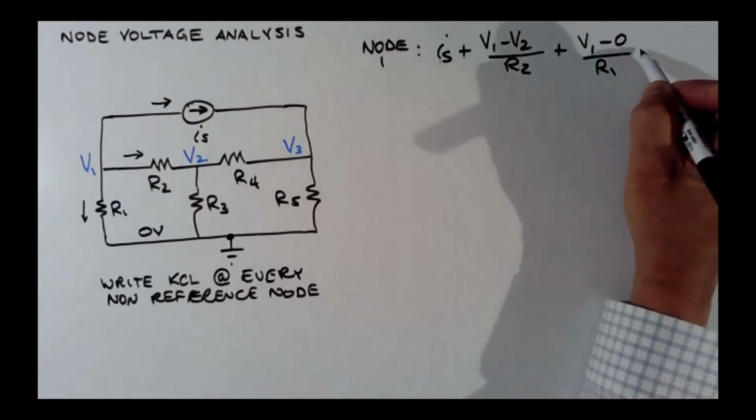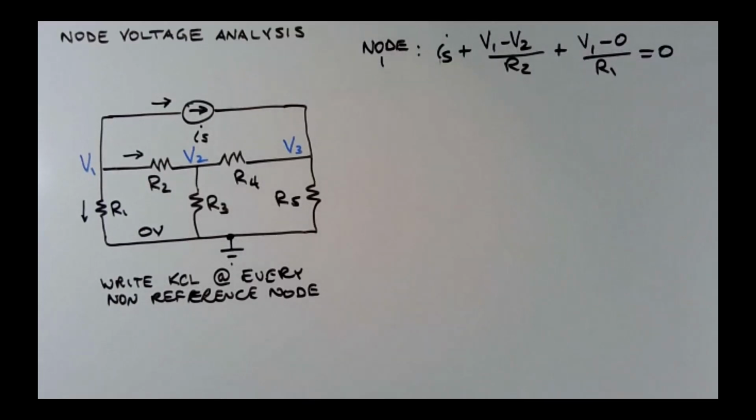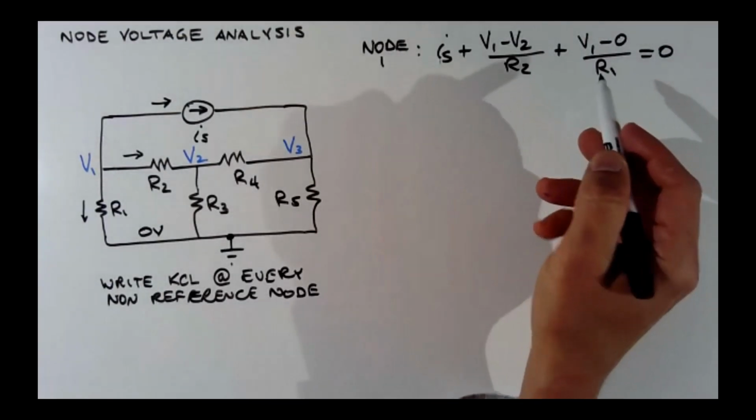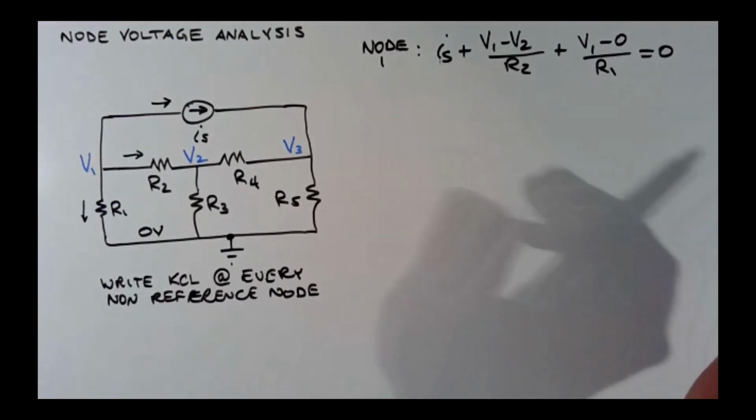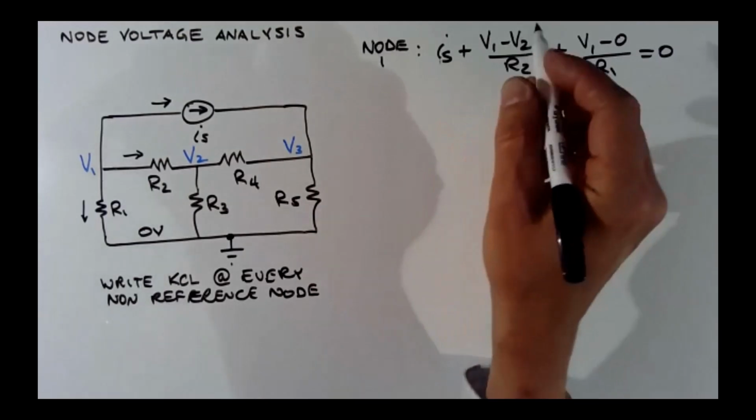Now we've summed all the currents leaving the node and set it equal to 0. So now we have an expression, and I can rewrite this in a more friendly way. I'm going to have a coefficient times V1 plus a coefficient times V2 plus a coefficient times V3 equals 0. That makes it easier to solve with a matrix or an equation solver.